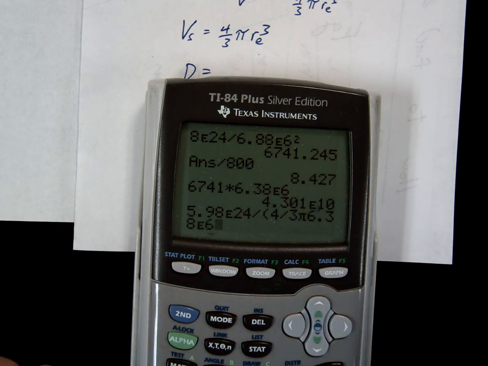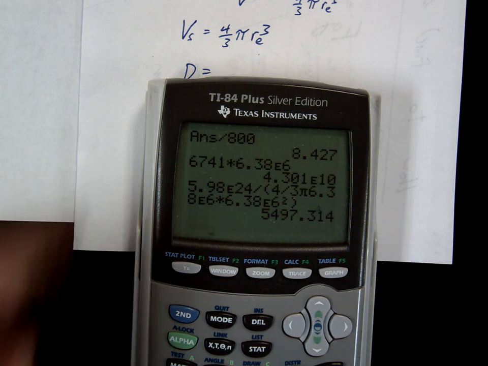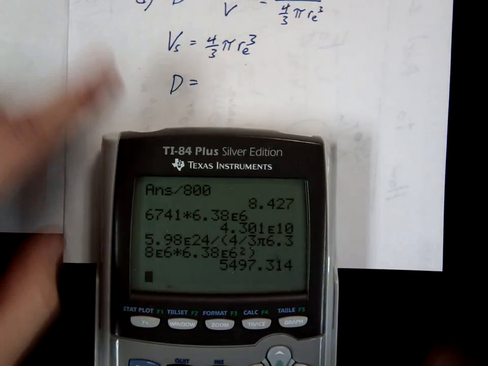We need that Q button, don't we? Carrot and then 5,500. Is that what you guys are getting?